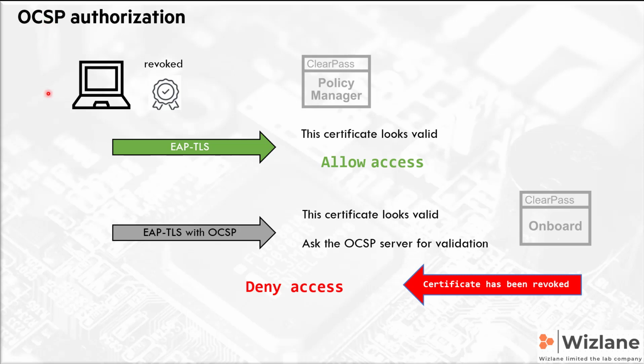So in this case, EAP-TLS looks fine, the certificate looks fine, and it is not yet revoked, so we allow access. Assume the certificate has been revoked. If we don't include OCSP, we can't ask, because we have not included it, then we will not be able to control access for those certificates if they have been revoked.